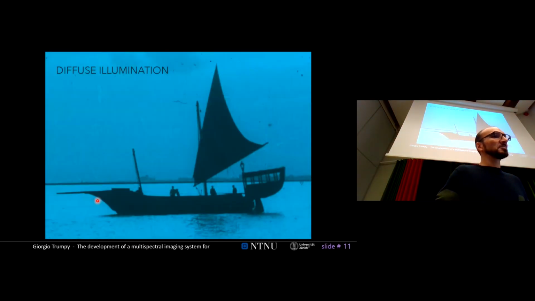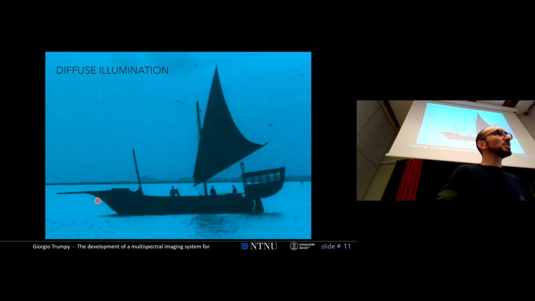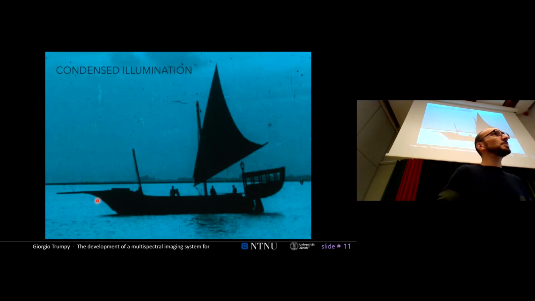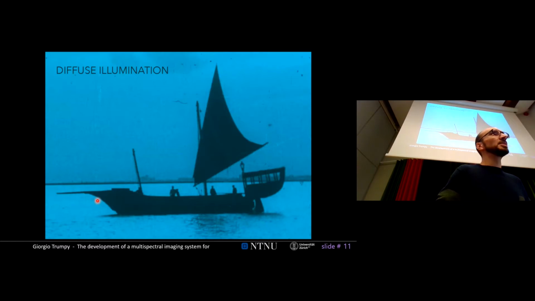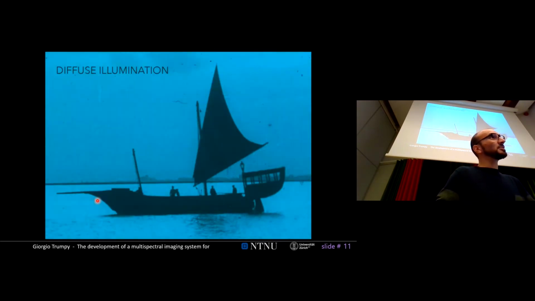This is the typical difference between condensed and diffuse illumination of the same film captured with the same system, aiming at the same white point, at the same exposure, but two different kinds of illumination.